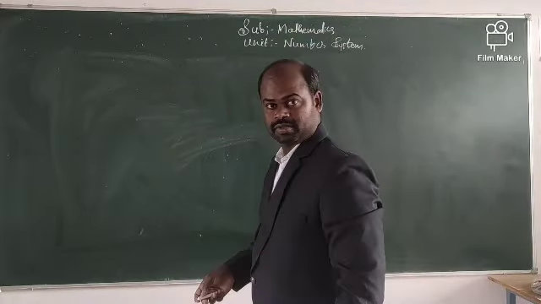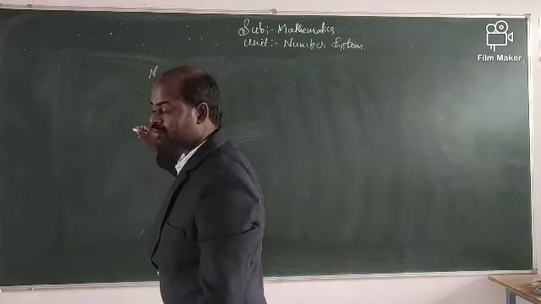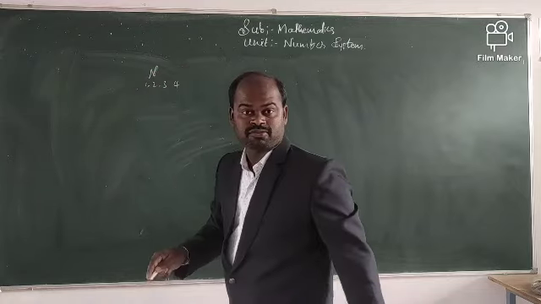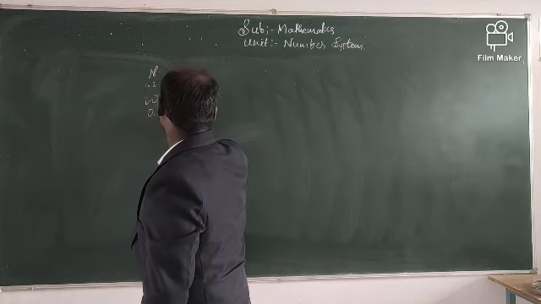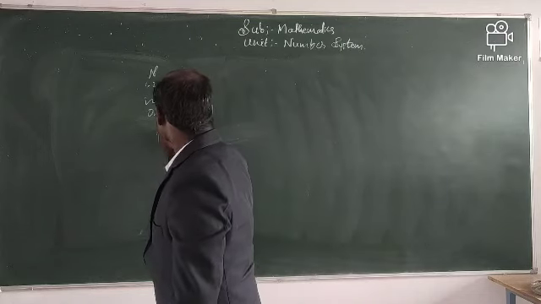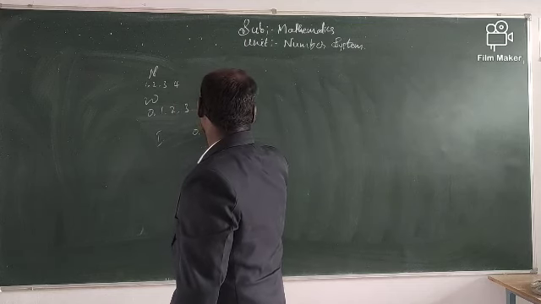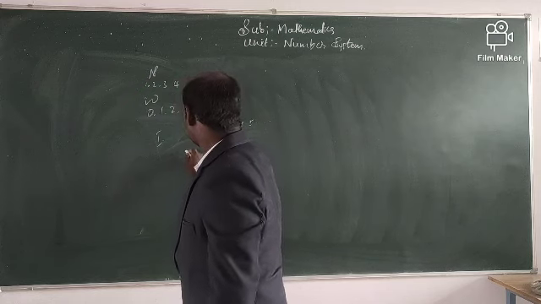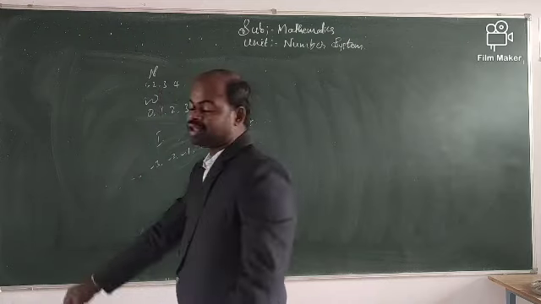The set of natural numbers, which are 1, 2, 3, 4, and the set of whole numbers 0, 1, 2, 3, 4, and then integers, both positive numbers 0, 1, 2, 3, 4, 5, etc., and negative numbers -1, -2, -3, and so on.